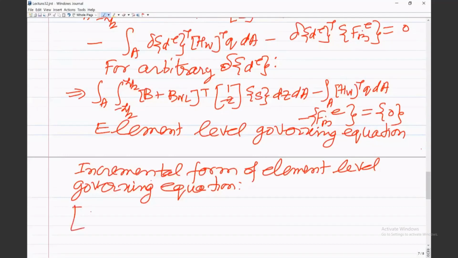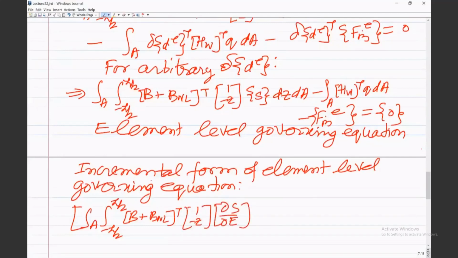Now if you look at the integration over area, integration over thickness from minus h by 2 to h by 2, this side we have (B plus BNL) transpose. Then we have this (1 minus Z) column. And then we are going to write delta S, that is capital delta S, and that is a function of E. So we can write that as del S by del E, this matrix, and then delta E, and delta E is (1 minus Z) into (B plus BNL).